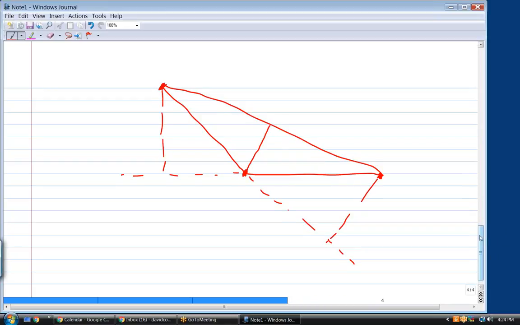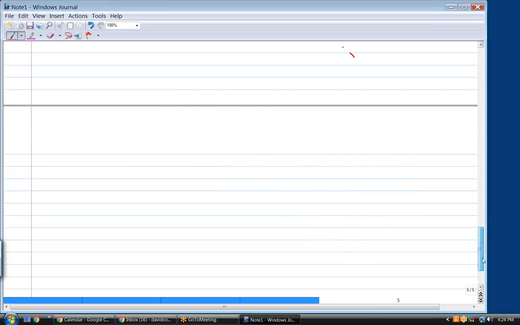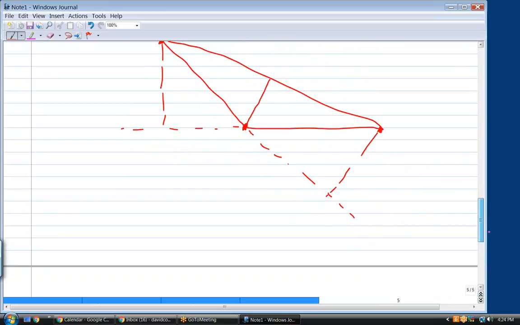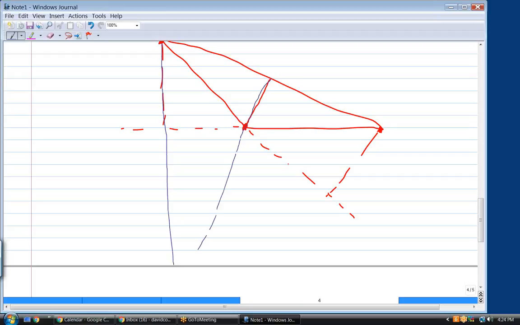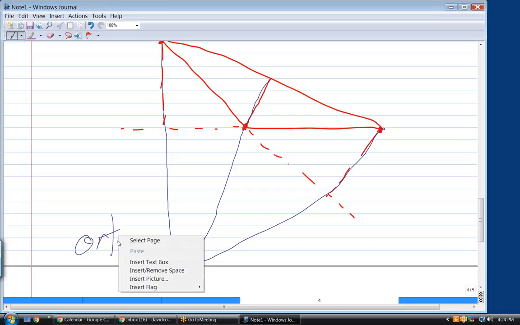Well, unfortunately, the way I drew my picture, let's see if I can grab a little more room here. All three of these lines, let me switch to blue. In other words, this vertical, if I extend it, and this vertical, if I extend it backwards, and this vertical, all have an orthocenter that's outside the triangle.